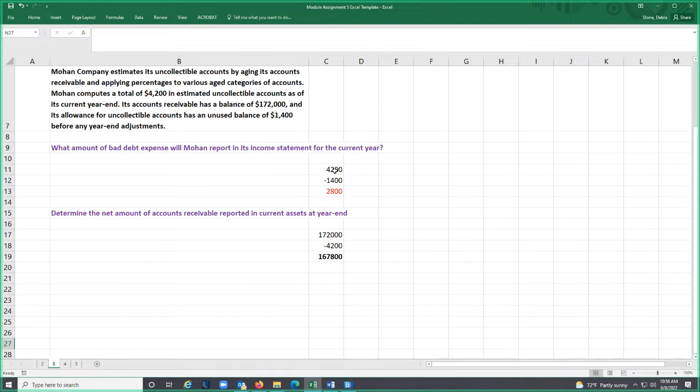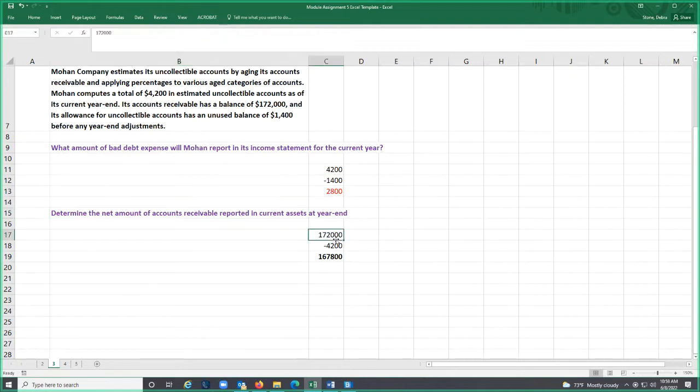Well, we would take the $4,200, which is the total estimated uncollectible. You've already done $1,400. You can see it's an unused balance. So I would need to have the expense being $2,800, which is $4,200 minus $1,400, and determine the net amount of accounts receivable reported at year end. What would that be?